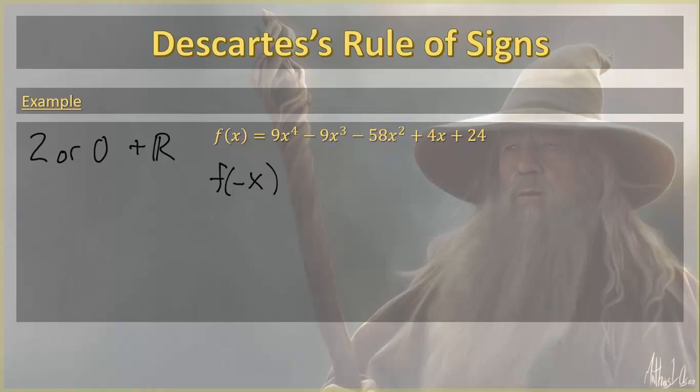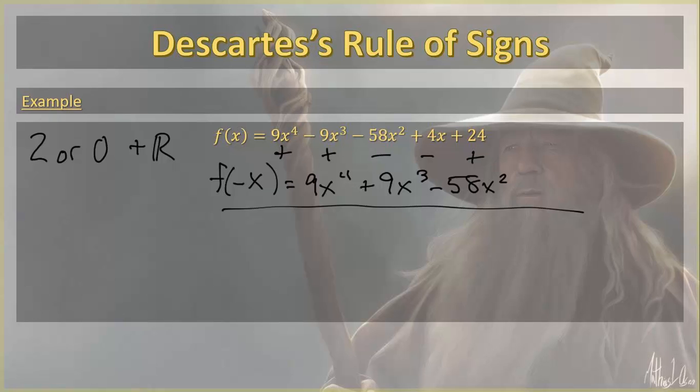You can just realize that this will stay positive, this will change to positive, this will stay negative, this will change to negative, and this will stay positive. You don't have to go through and actually write out the whole thing, but I will. So what do we got? We have 1, 2, 2 or 0 negative real solutions.